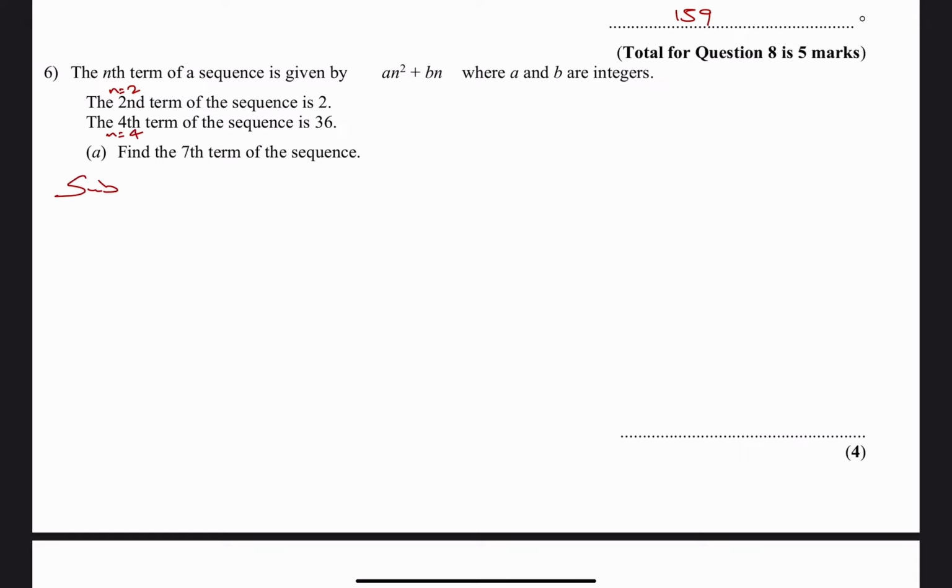So the formula that we are trying to do is this. I'm going to put n is 2. A bracket n is 2, squared, plus b bracket 2 should be giving you an answer of 2. 2 squared is 4, that's 4a plus 2b equals 2. Let's substitute the next one.